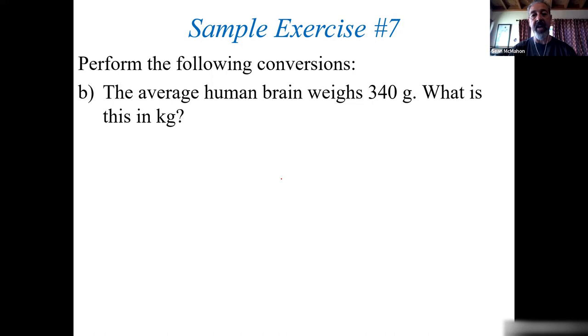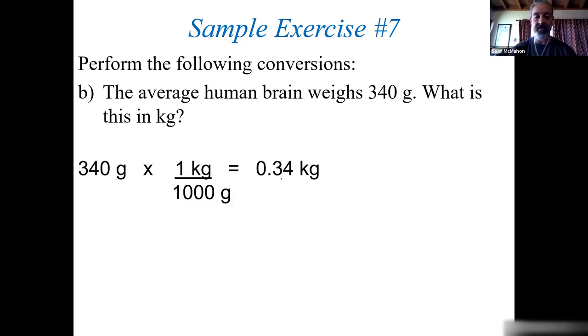So here, the average human brain weighs 340 grams. What is this in kilograms? So I'm starting with grams. I want to go to kilograms. So for that metric conversion, so I don't use that for sig figs, I know there's 1,000 grams in a kilogram, right? Because kilogram is bigger, right? Remember, 10 to the 3.